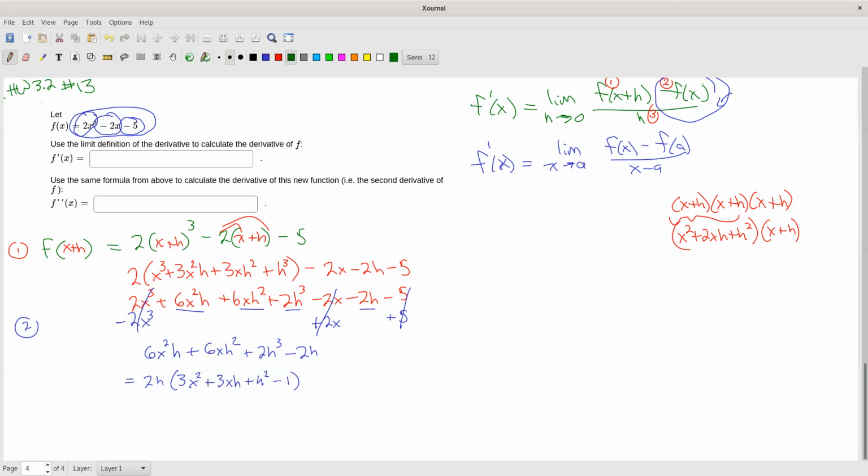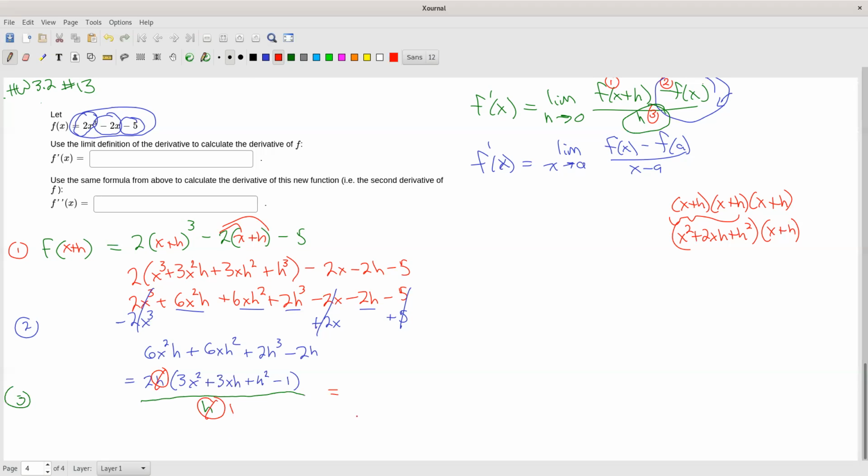Step 3, we try to divide by h. So for step 3 here, I'm just going to write underneath here, divide that sucker by h. And that's fortunate because I just pulled an h out in the top, which will divide with the h in the bottom. A number divided by itself is 1. Dividing by 1 is lame.